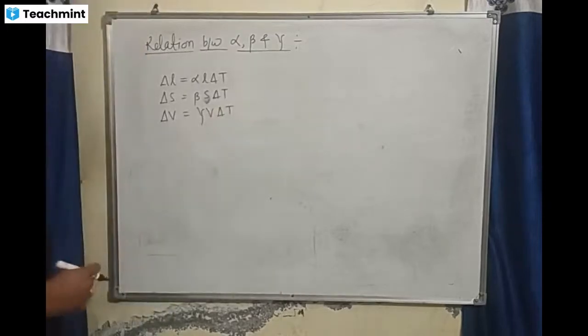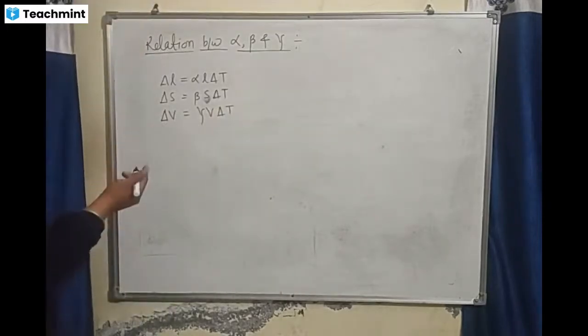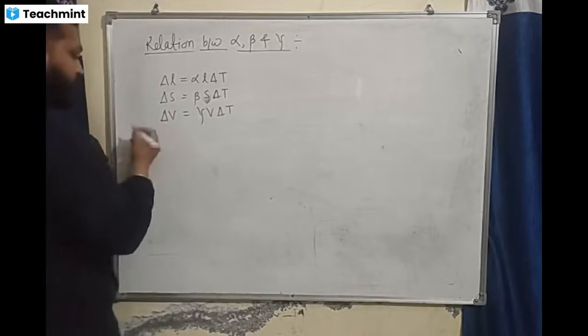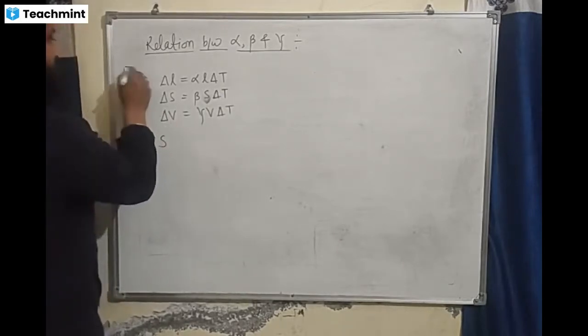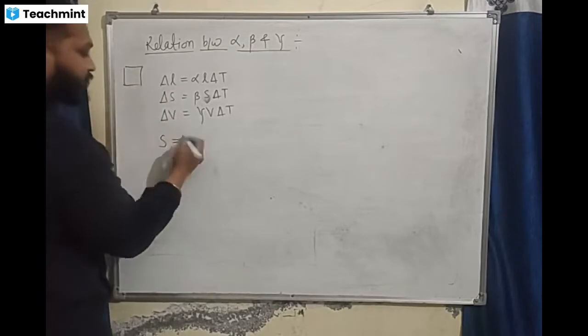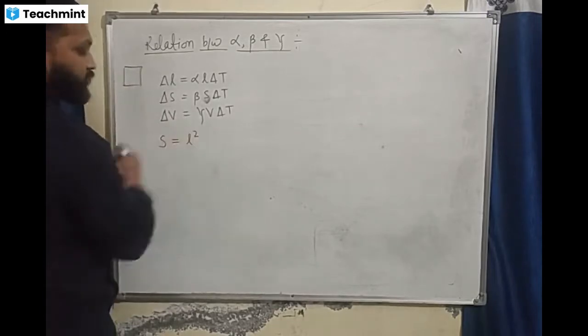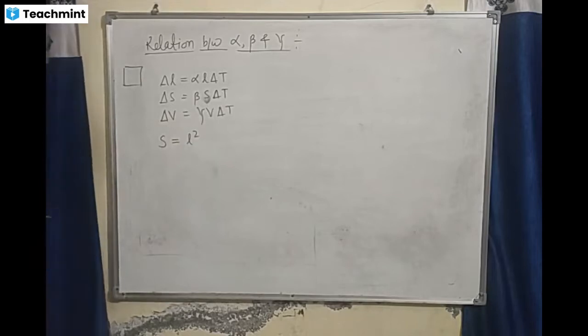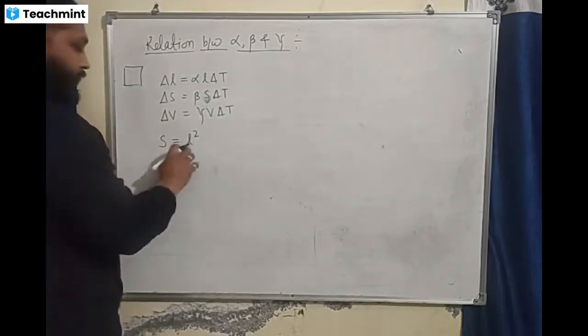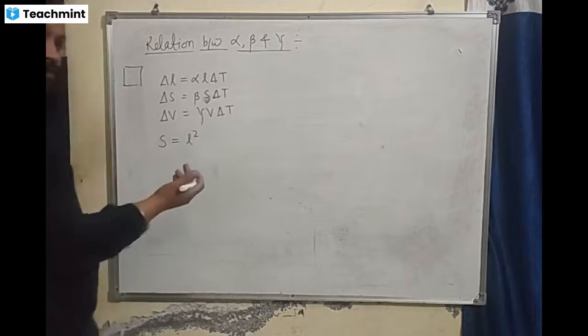So first of all, let's find out the relationship between alpha and beta. Whenever we are talking about the surface area of any body, it is length into length, so I can write S equals L square.